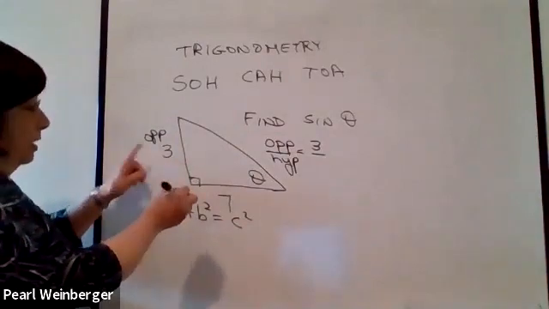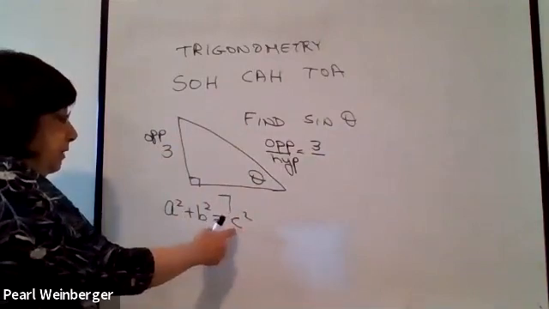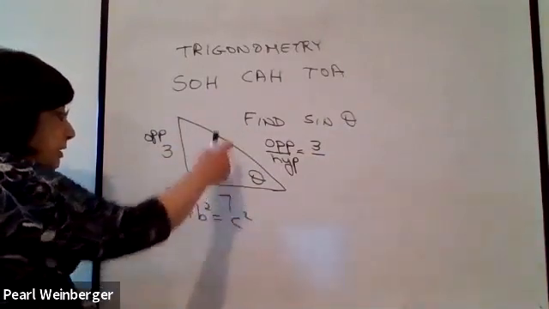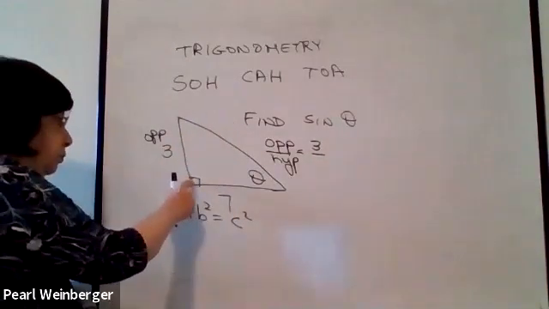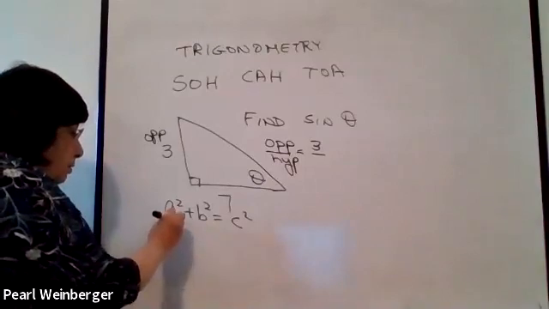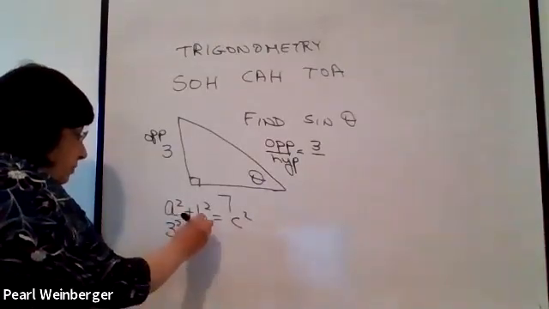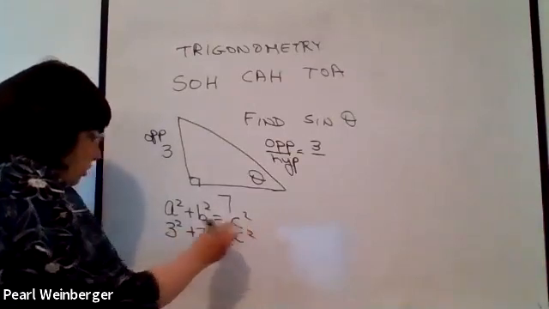It doesn't matter which you call A and which you call B. The only thing you have to be very careful about is that you always call the C the hypotenuse, the one that's across from the right angle. So we're going to do 3 squared plus 7 squared equals c squared.